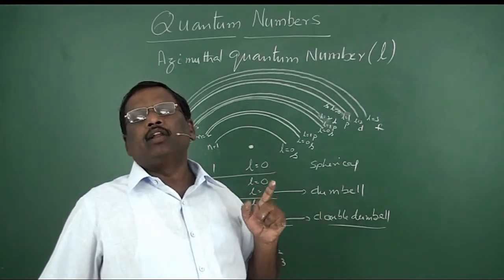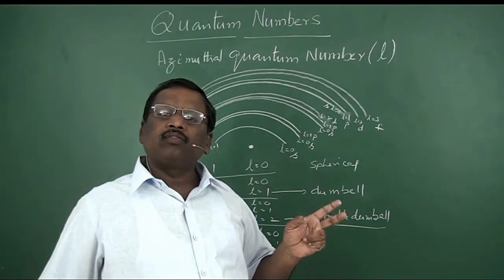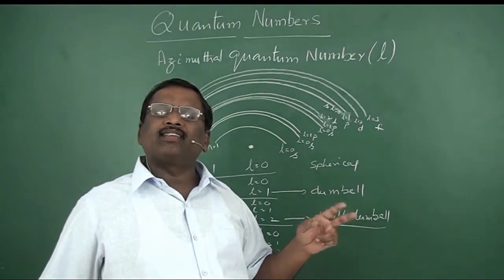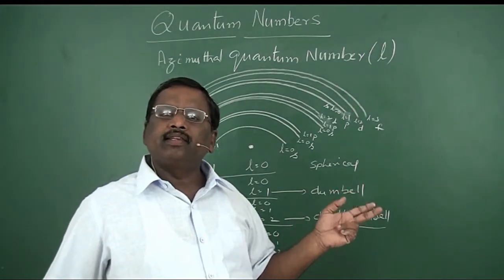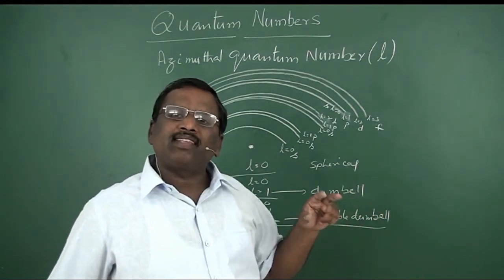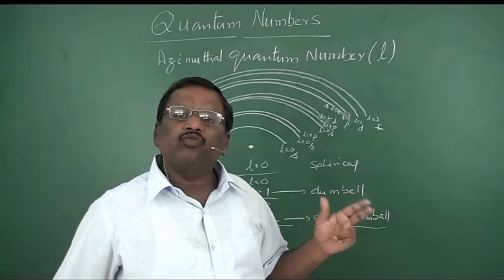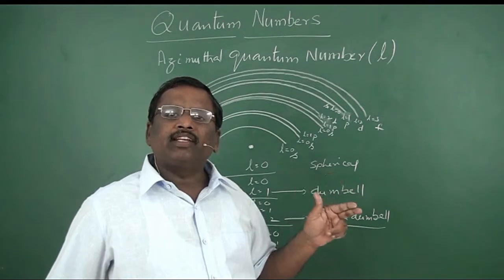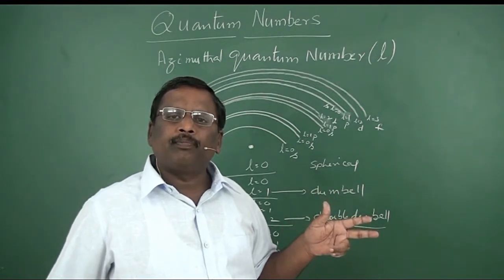In the second energy level, you have 2 sub-energy levels. For one sub-energy level, l is equal to 0, which we call the s sub-energy level. It is spherical in shape. And the second sub-energy level, l value is 1 and it is said to be the p sub-energy level, and its shape is dumbbell shape.